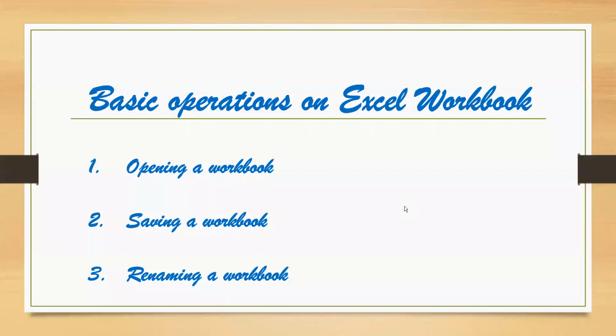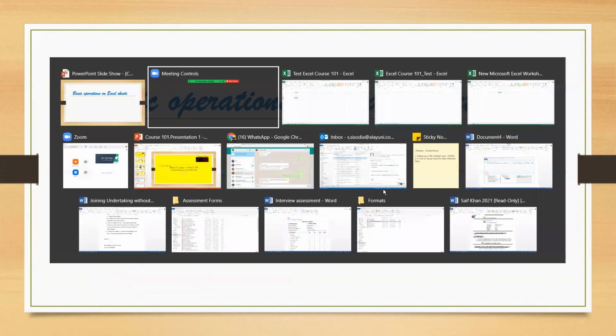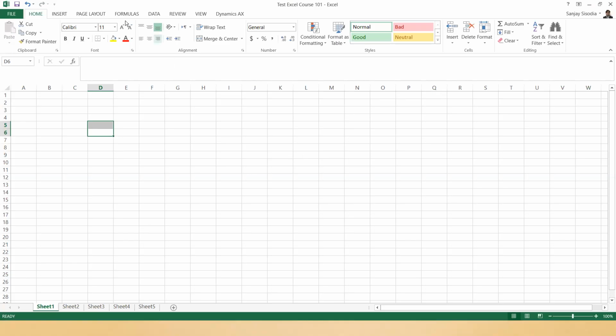Now, let's proceed further. Now we will look at some of the basic operations on Excel sheets. Here you can see the collection of these different sheets is known as an Excel workbook, and these individual worksheets are known as Excel sheets.